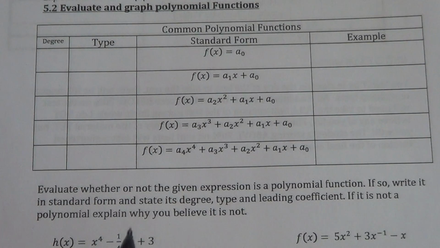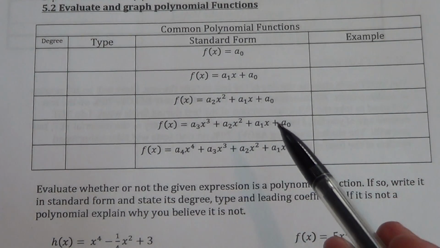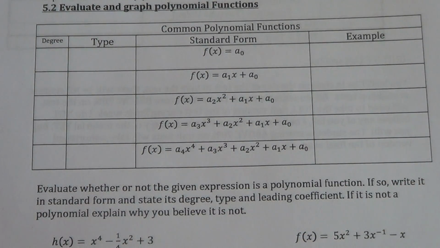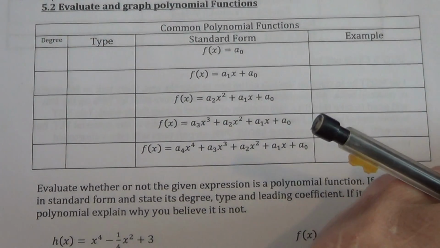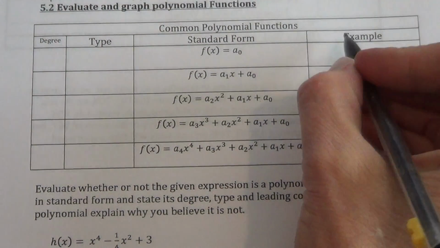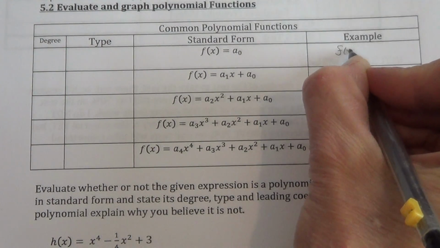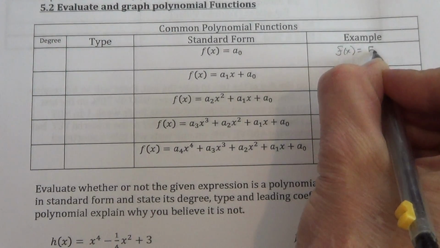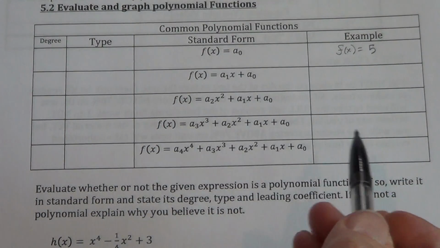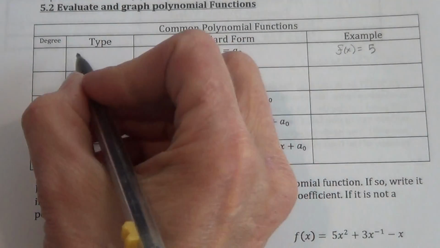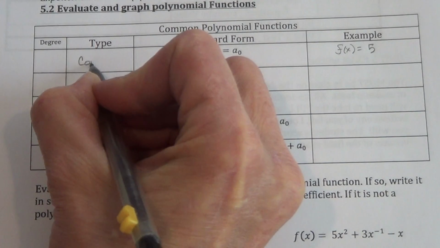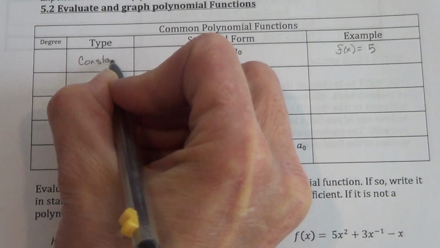So the first thing here is just classifying and naming our polynomials. I'll give you an example of this: f of x equals a sub 0. That would be an example, f of x equals just a constant value, 5. There is no variable in that, so we do call it a constant because it doesn't have an opportunity to vary.